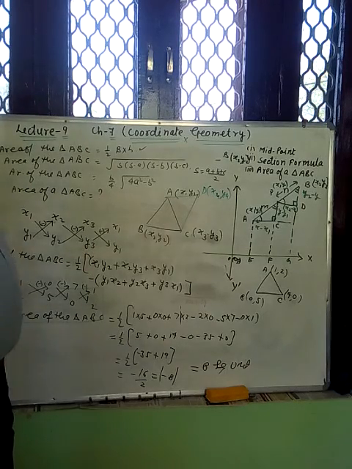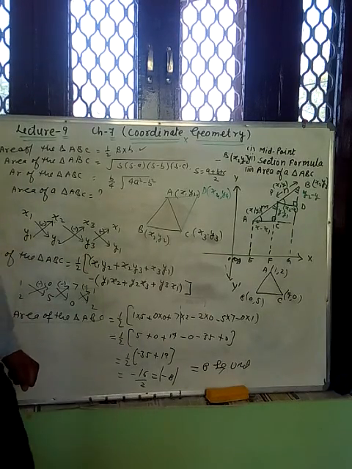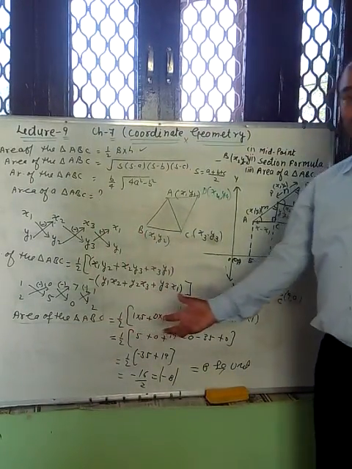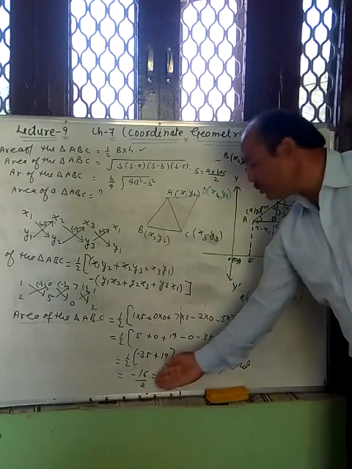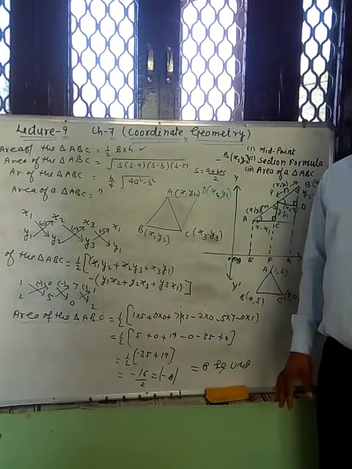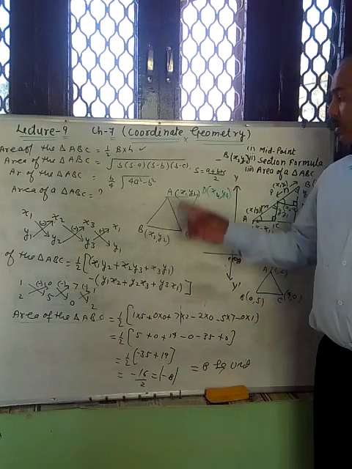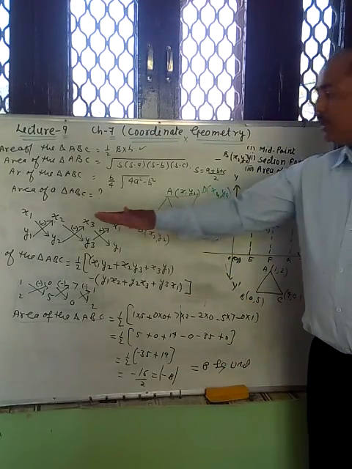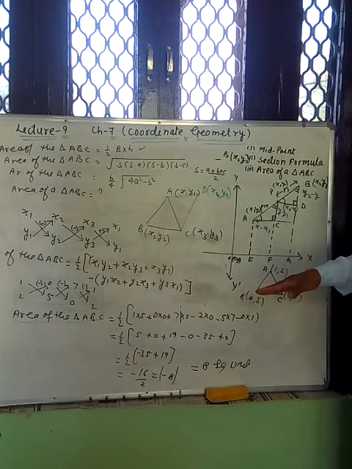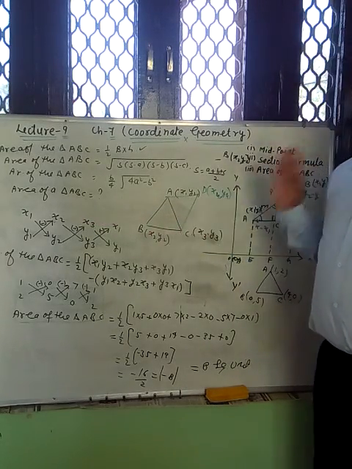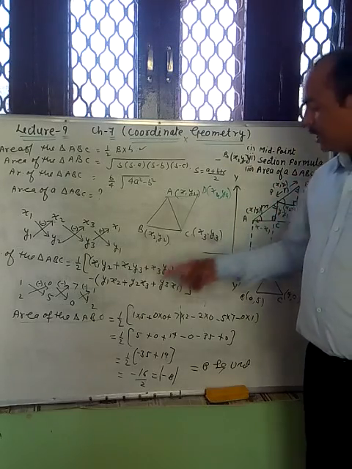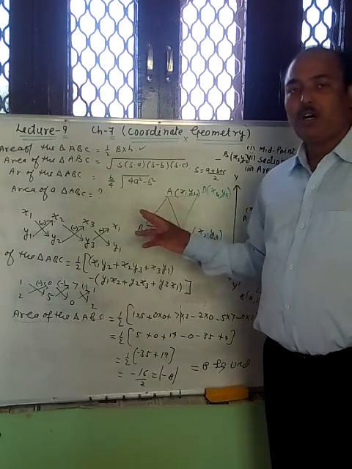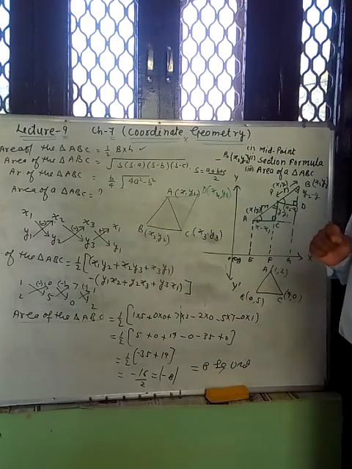Now one more thing: if the area of the triangle comes equal to 0 in any case, then the coordinates of A, B, C are always in a straight line. It means the points are collinear. If the area of a triangle is 0, then the points are known as collinear points.